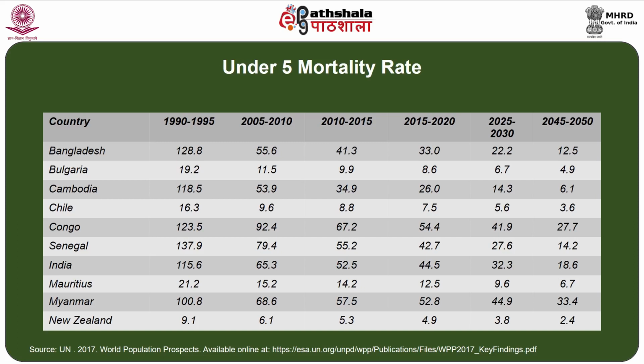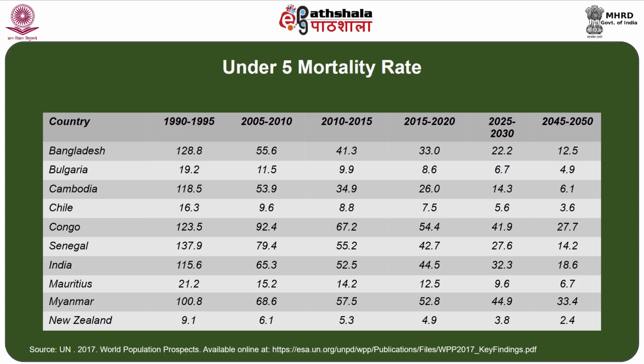Malawi, for instance, had a life expectancy of only 46.7 years in 90 to 95, which increased to 60.7 years in 2010-2015, and is projected to increase to as high as 67.8 years in 2025 to 2030.